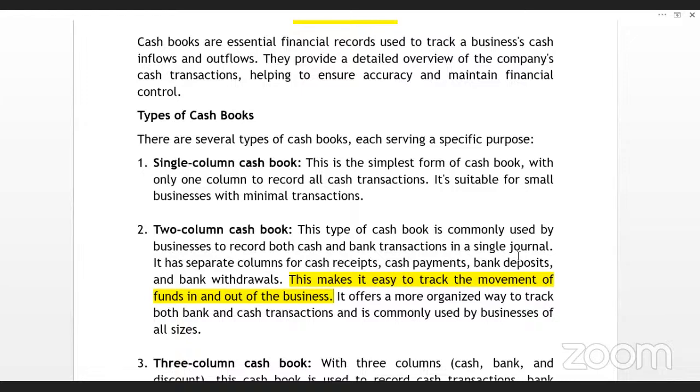What is a three-column cash book, members? Those on YouTube, share your messages here in the chat. I read them. I see Brian is on. Yes, a three-column cash book. Who can try to explain what a three-column cash book is?